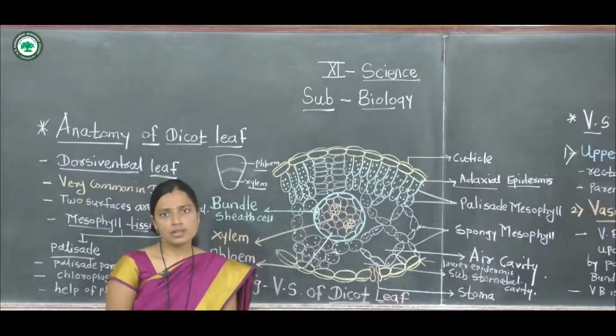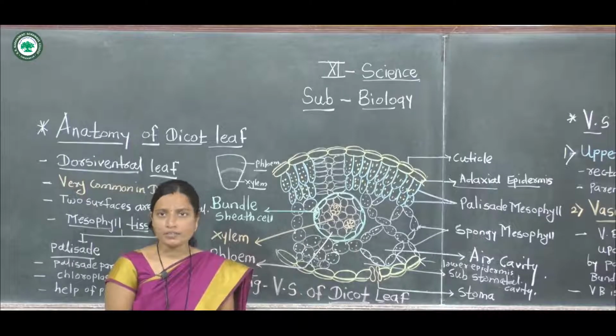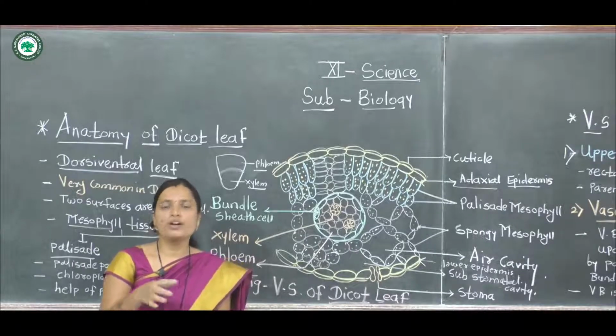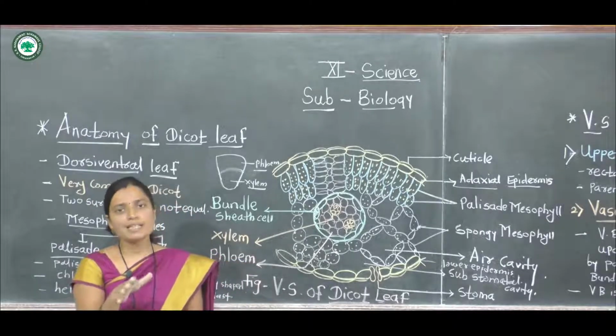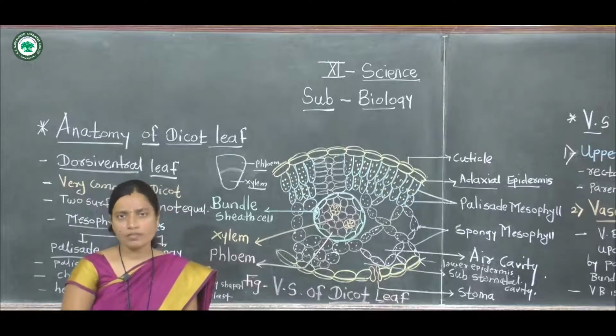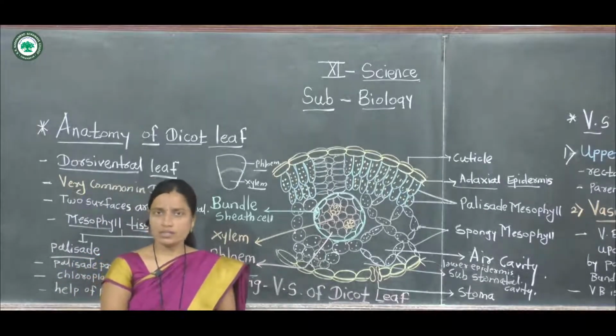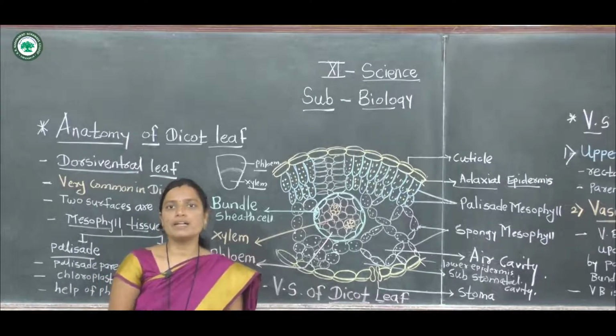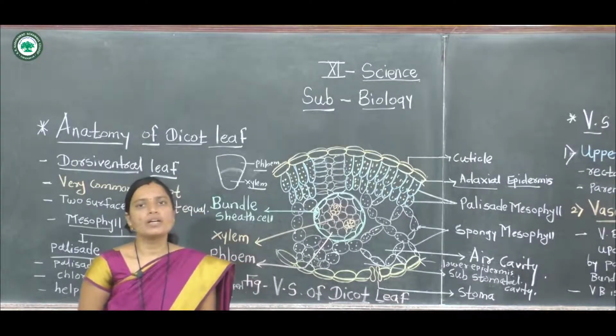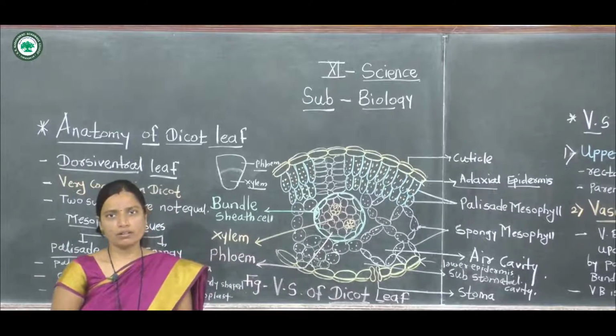These two surfaces are different and can be easily identified. The upper surface of the leaf is smooth and the lower surface is rough, so they can be distinctly identified, and this type of leaf is called the dorsiventral leaf of dicot plants.